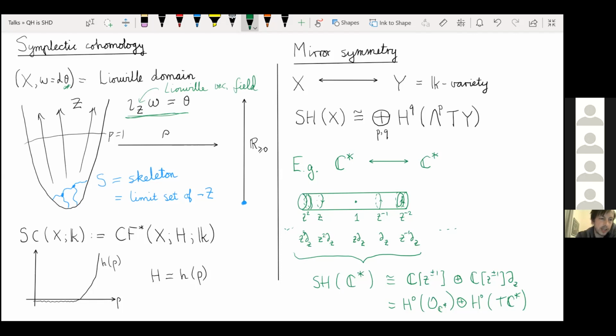So you've got a skeleton bit down the bottom, and then you've got something that looks like contact manifold cross R with its standard symplectic form. And this R coordinate we'll denote by rho. That's a function that maps to non-negative reals with the skeleton mapping to 0.